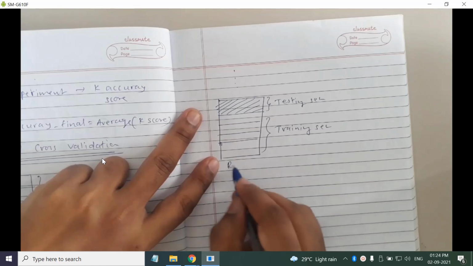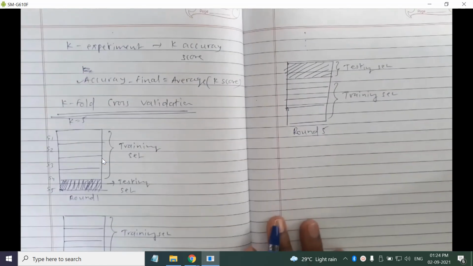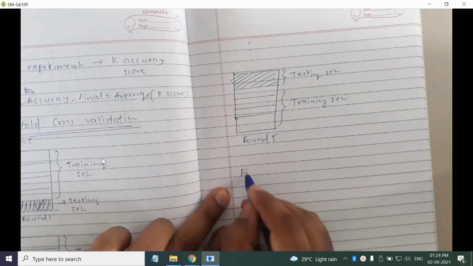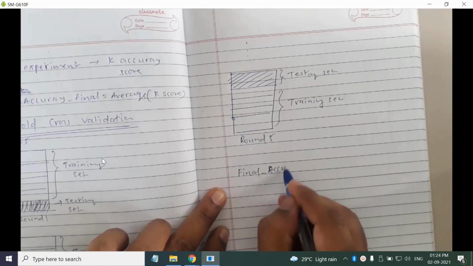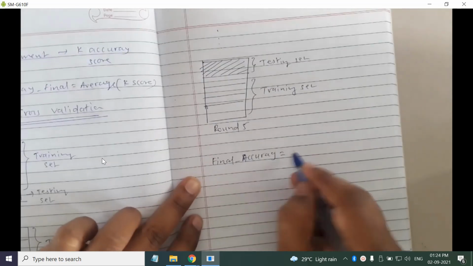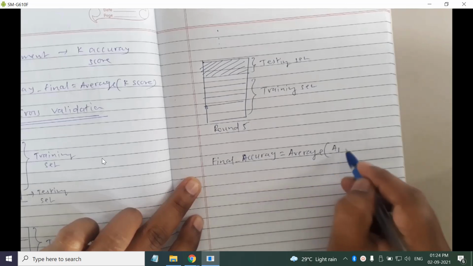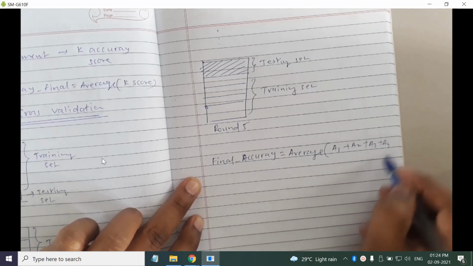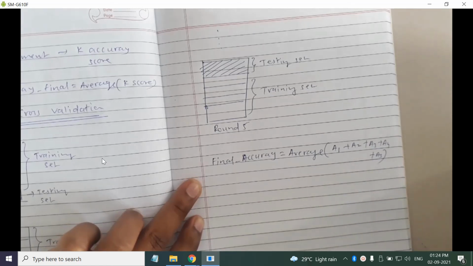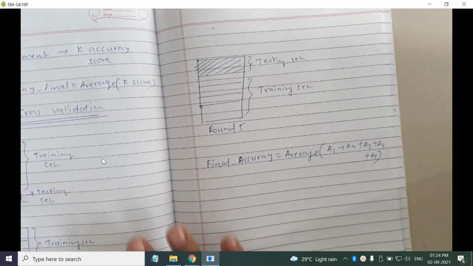And this is my round 5, and the final accuracy would be the average of accuracy 1 plus accuracy 2 plus accuracy 3, 4 and 5. Got the concept? Pretty easy, right?